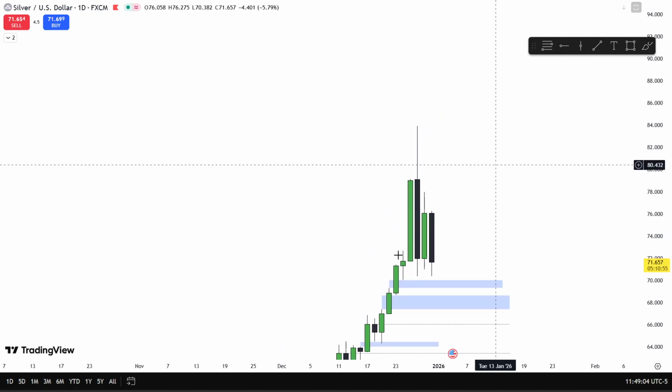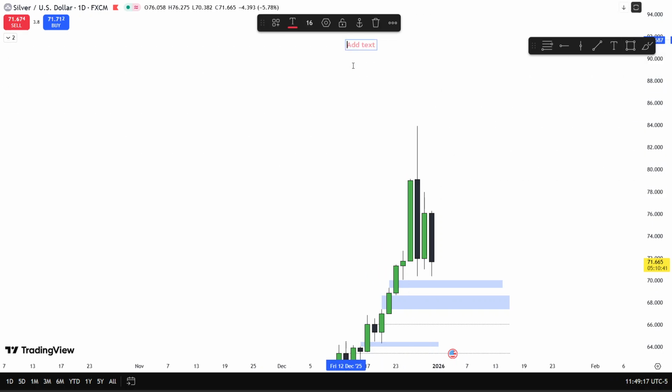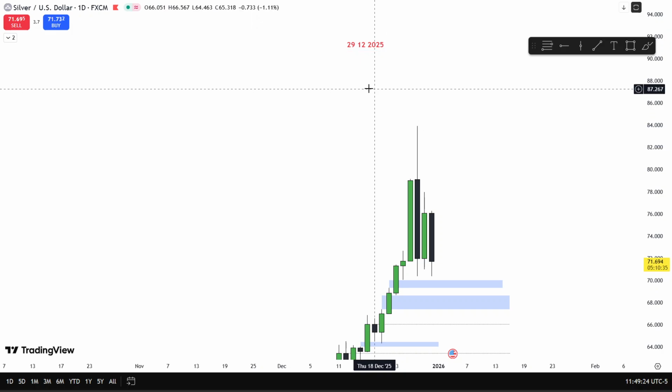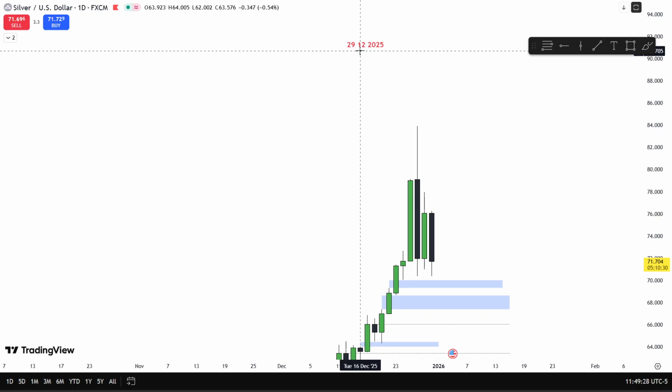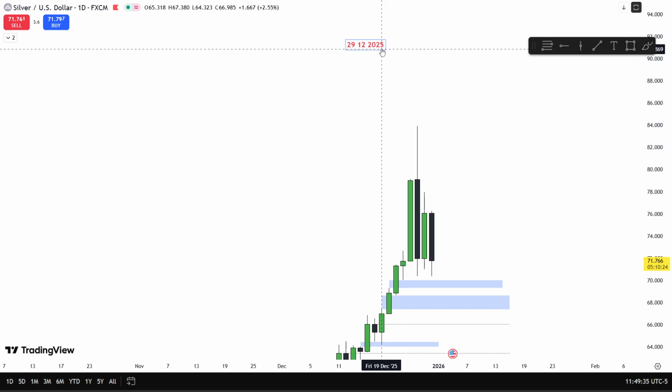So right here on this day, this was 26th, so 29 December, 2025. So right here, this date is 29 December 2025. So if we add these all numbers, 7, 8, 9, 10, 11, 12, 13, 14, this is 7.